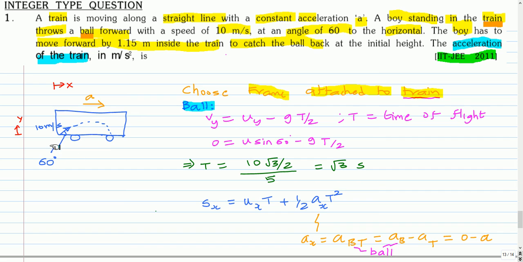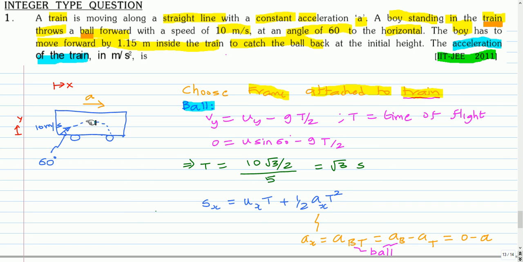So this is the train, and a boy inside throws the ball with a speed of 10 meters per second with respect to the train, and he moves forward a distance of 1.15 meter to catch the ball at the same height. Let us choose a frame attached to the train. Analyzing the motion of the ball, the y component of the motion is v equals u plus at, and a is minus g, and let's take the point where it is at maximum height.